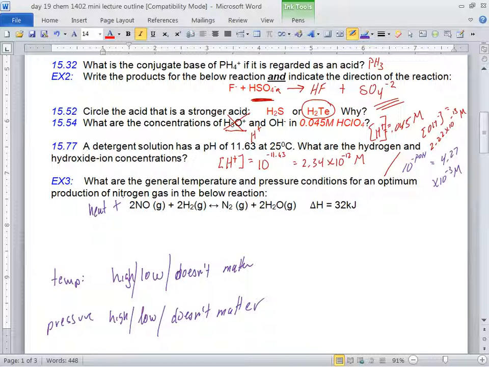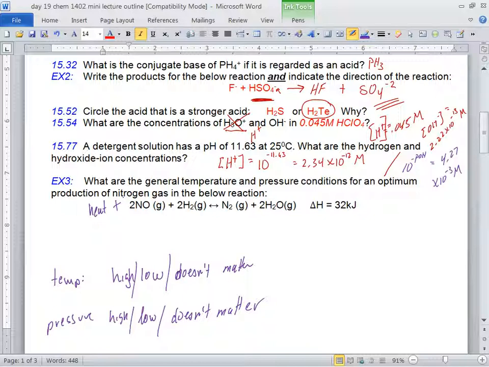You have to use that Le Chatelier idea here, Alyssa, to finish this. What's the answer regarding temperature? I pretty much got to do the experiment in my head. I crank up the temp and see what the effect is, and then I give the appropriate answer. And you want optimum production of nitrogen gas.